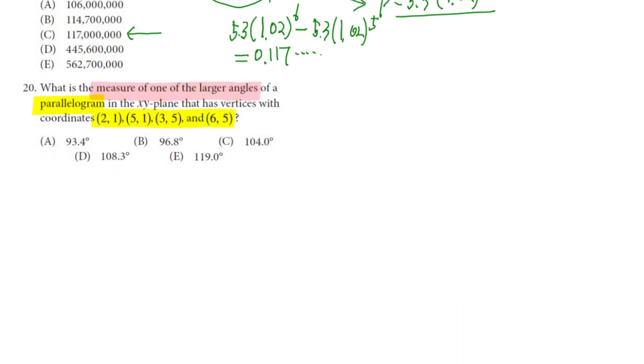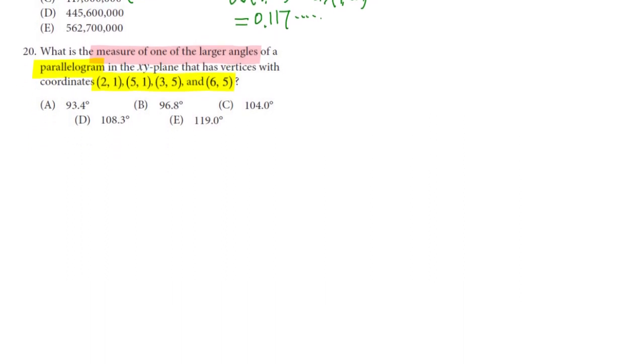Now, last question today. What is the measure of one of the larger angles of a parallelogram? Wow, they gave us some coordinates and points. Let me roughly sketch the picture. 2,1 about here. 5,2 about here. 5,1, excuse me, 5,1 here.